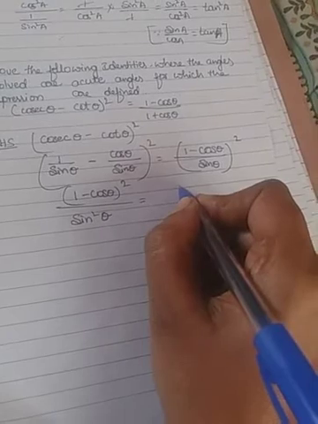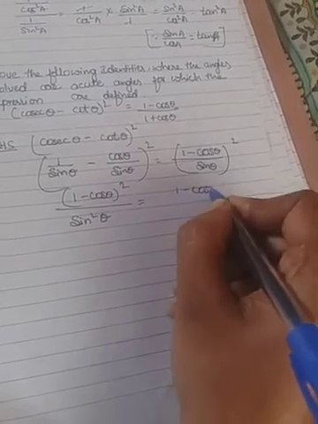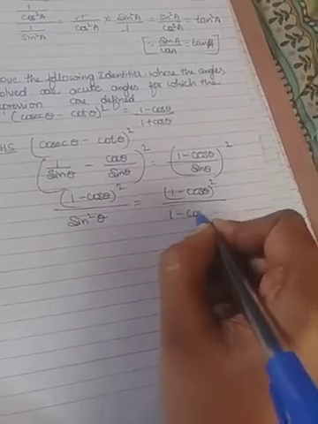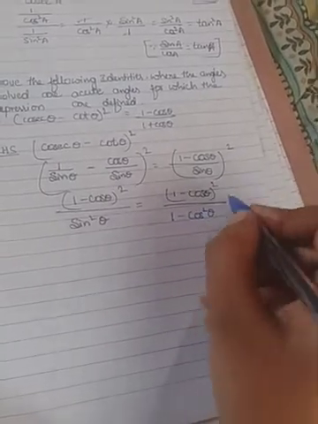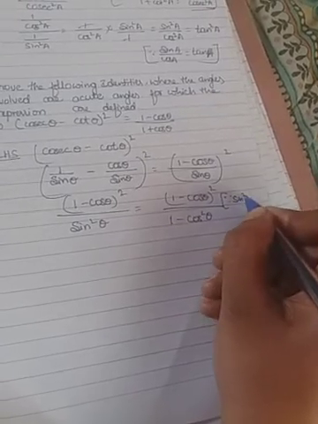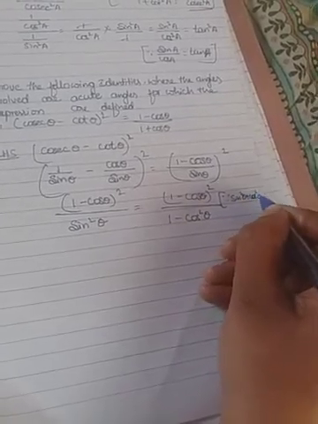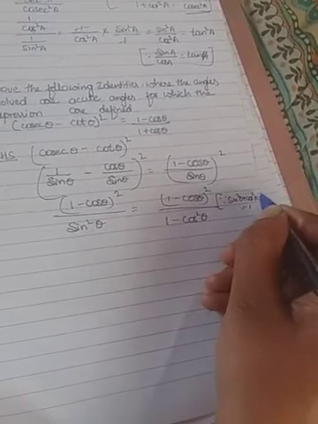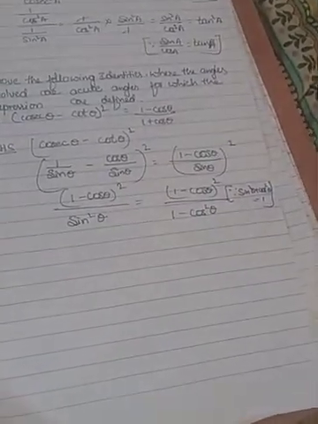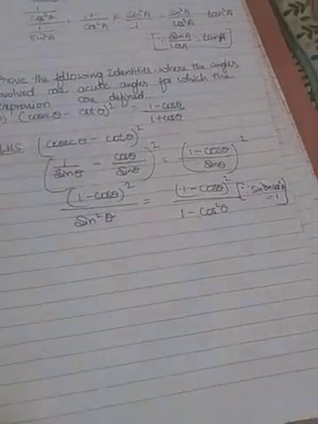So we write this as (1 minus cos theta) whole square divided by (1 minus cos square theta). Separating cos square theta from sin square theta gives 1 minus cos square theta. Keep that in mind.